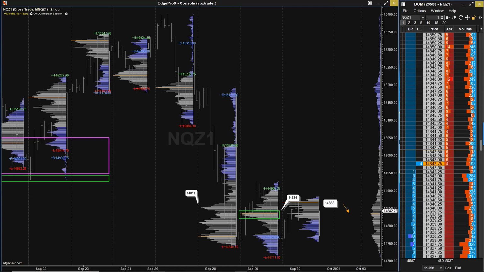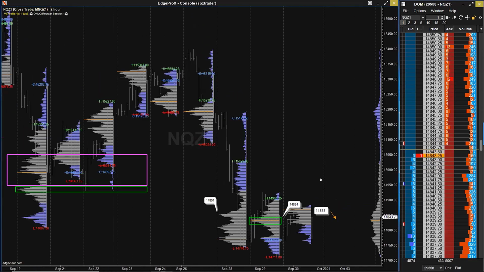There's the RTH high from a couple of days back, 14,906. And you can see right here some volume. Pretty high volume there, 14,935. We may mark that off as it's not high volume for the week though, but it was high volume from the 19th, 14,935.